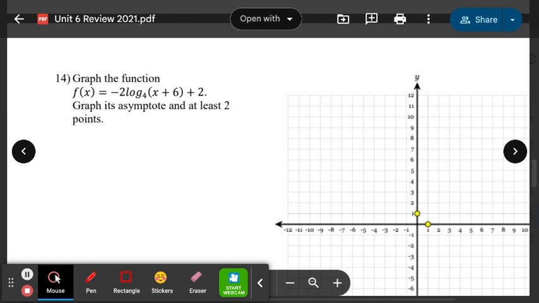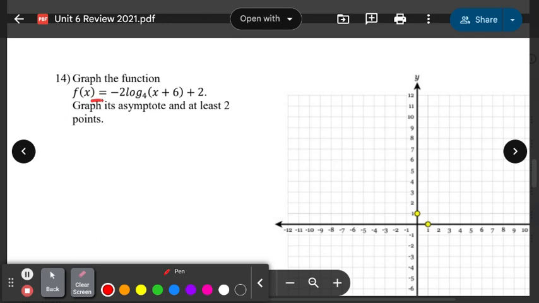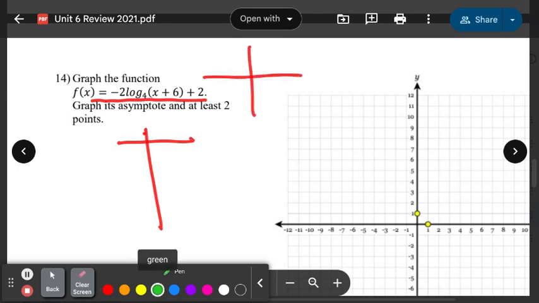So again, I don't have a graphing calculator on my Chromebook. So what you guys have to do is put this into y equals, and then look at the graph first and see where your asymptote is. Now, remember, if it's a logarithmic function, it has a vertical asymptote.